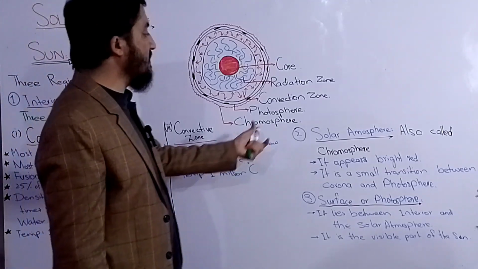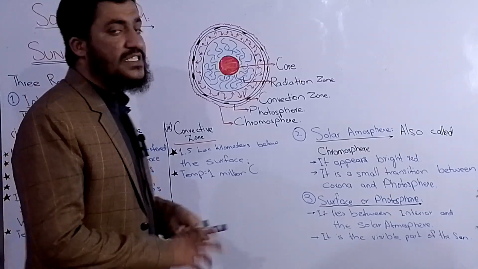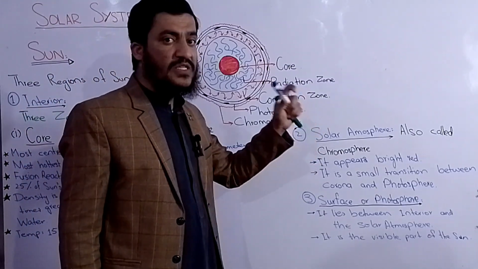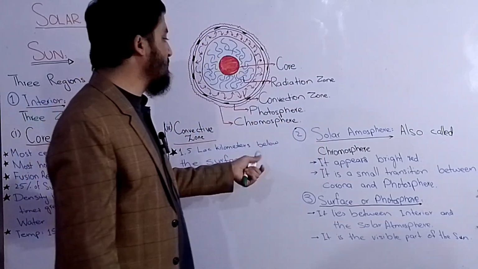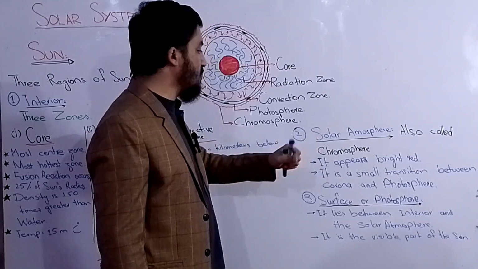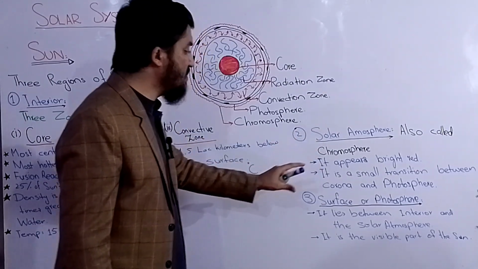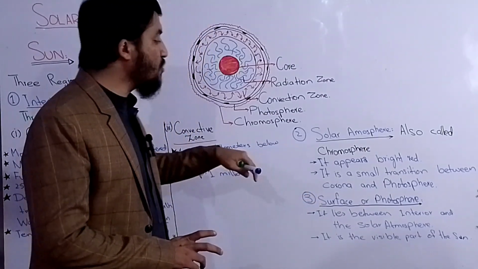Then we have the second region, the solar atmosphere, which is also called the chromosphere because it appears bright. We can see it during a solar eclipse. Chroma means color, so that's why we call it the chromosphere. It is a small transition between the corona and the photosphere.